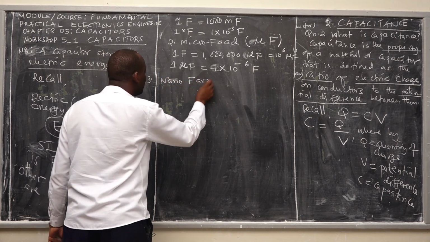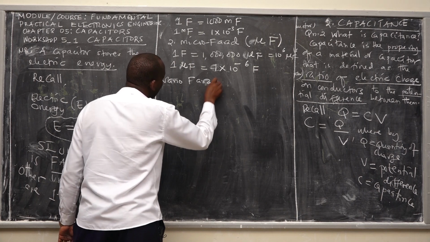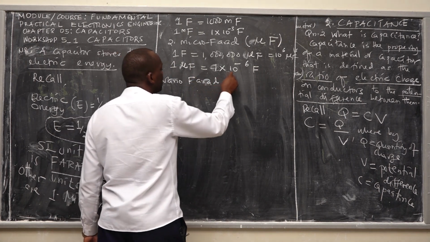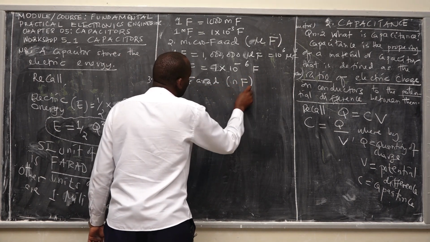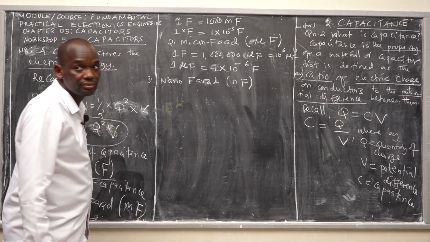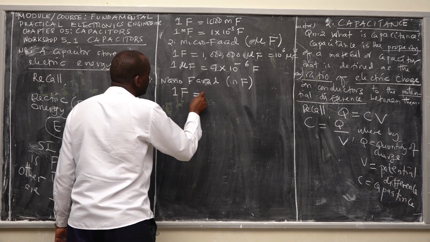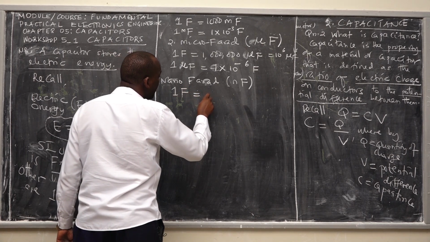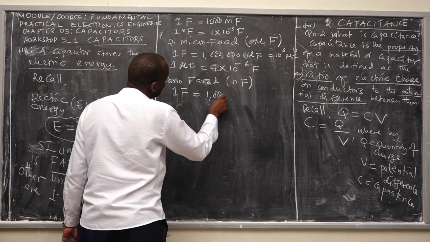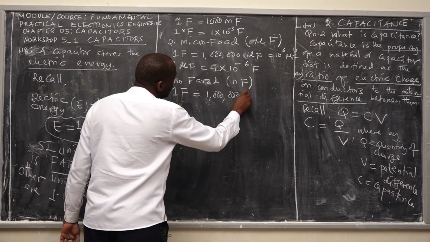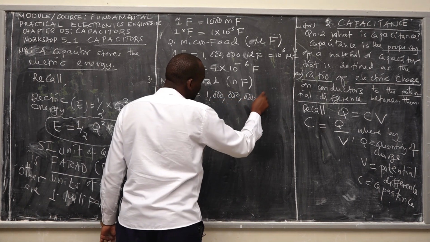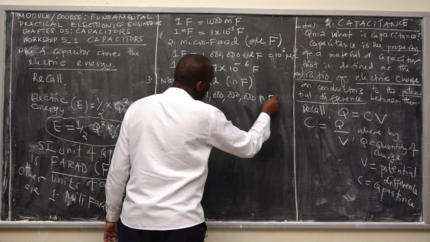Nanofarad. These units are very important. Nanofarad, its symbol is this one. 1 farad is equal to 1 billion nanofarad.